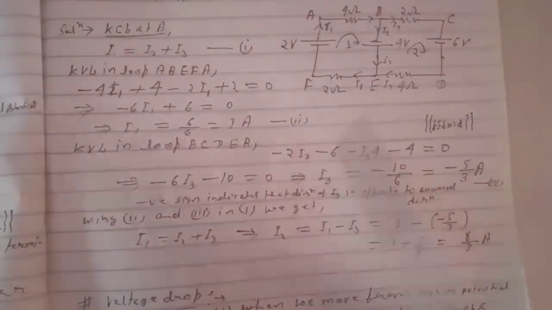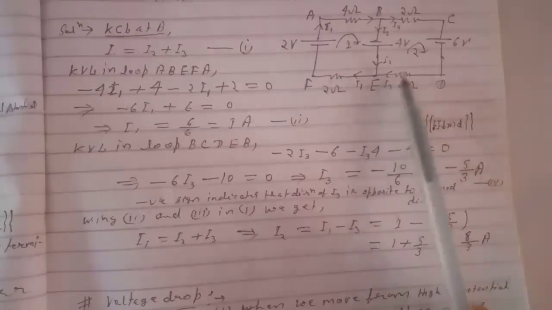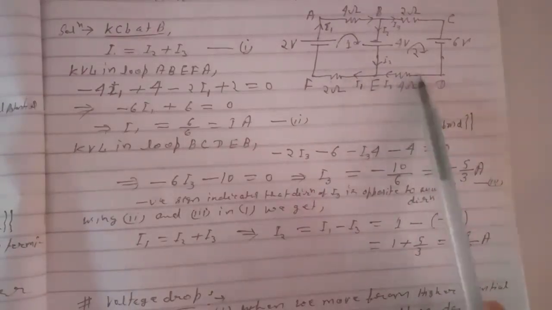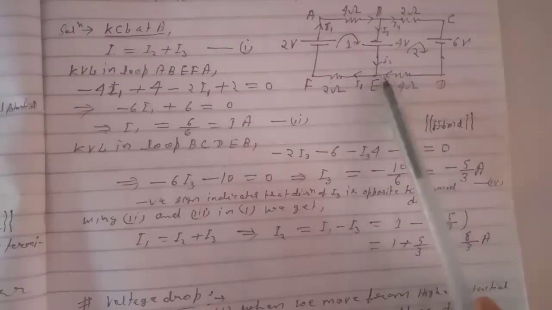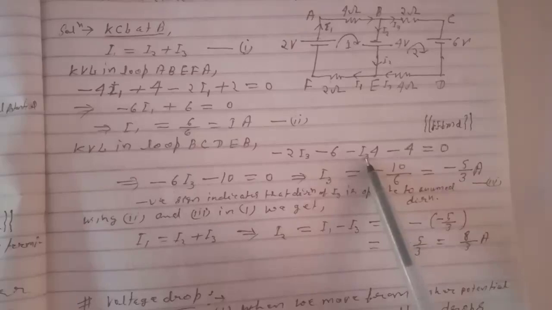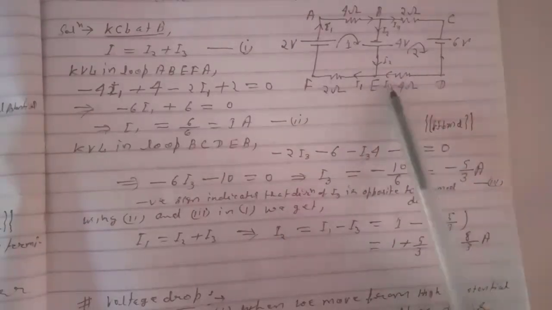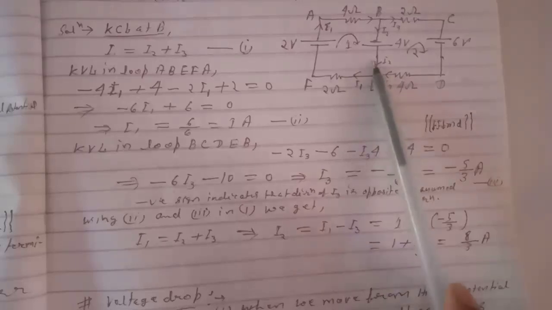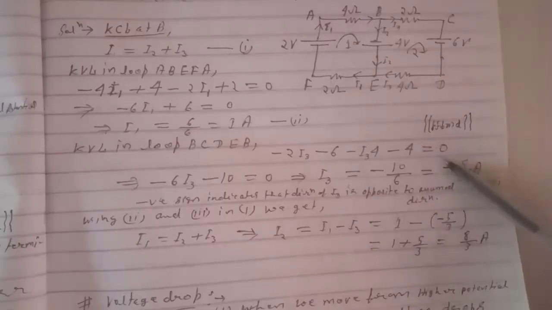At this point again final is at lower and initial is at higher, so final minus initial is lower minus higher, negative, so minus 4I3, because the current in this branch is I3. Again going in this direction, lower minus higher is negative, so minus 4 equals 0.